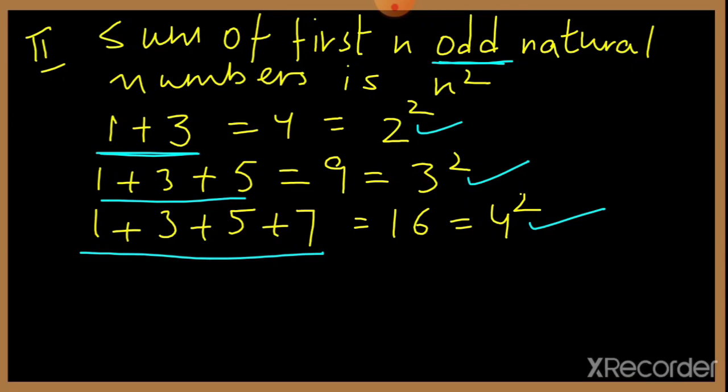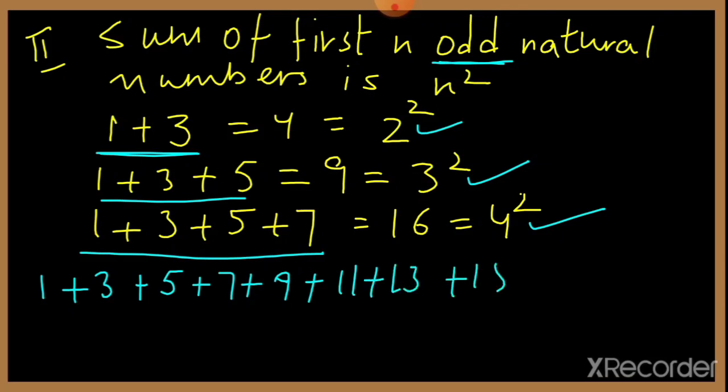Now we will use this to solve our problem. Suppose the question given is, we take a larger sum, right? Suppose we have to find this sum without actually adding them. We don't have to add them and we have to find their sum.